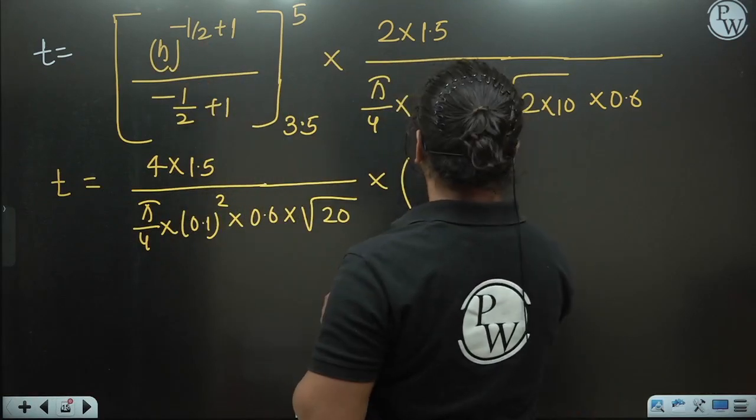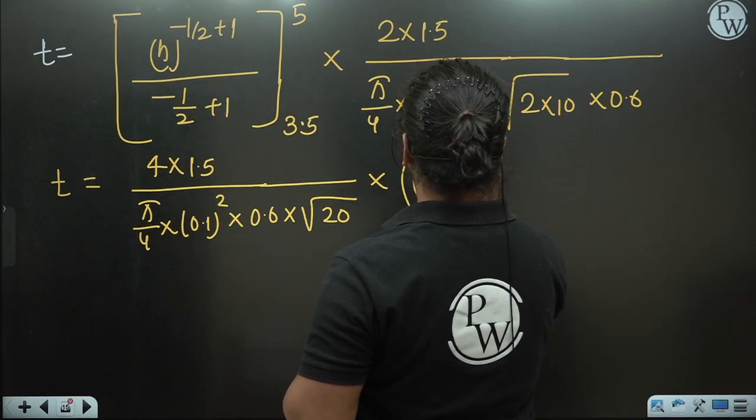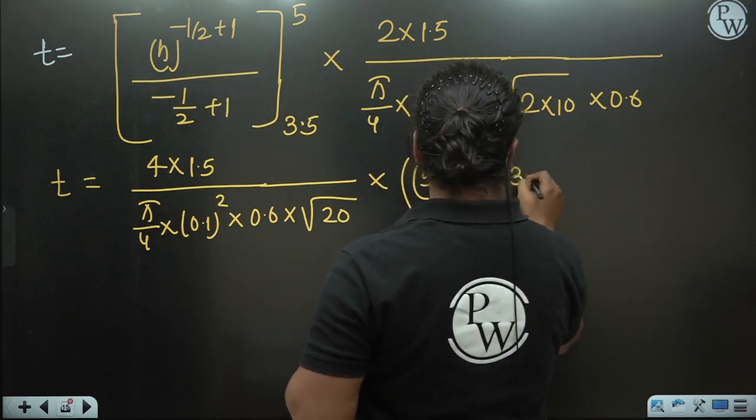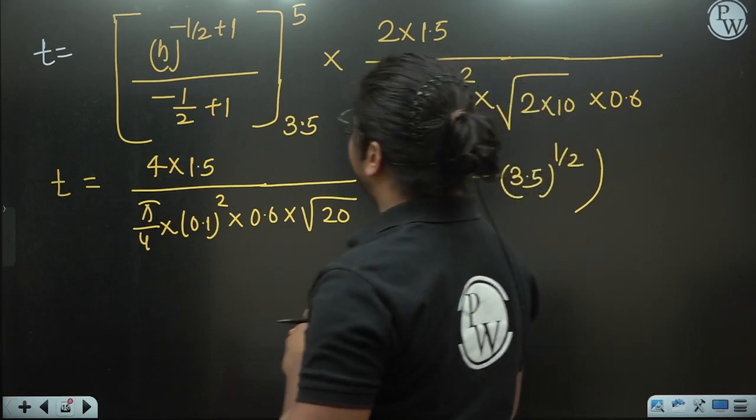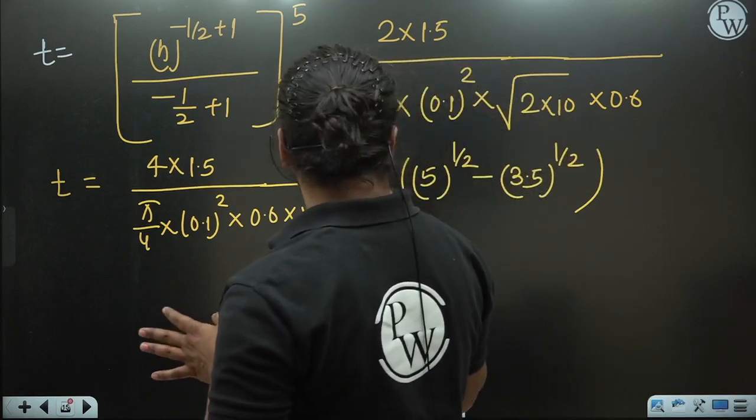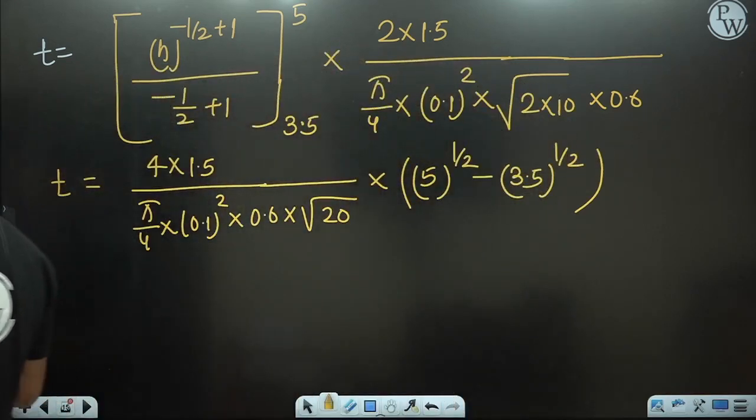So 5 to the power 1 by 2 minus 3.5 to the power 1 by 2 in a bracket. All those things are clear now. It's now a calculation which you can all do. According to my calculation, I'm getting around 103.98 seconds.